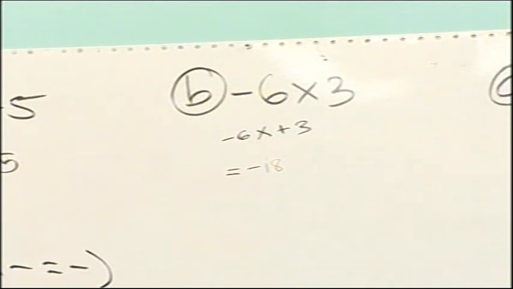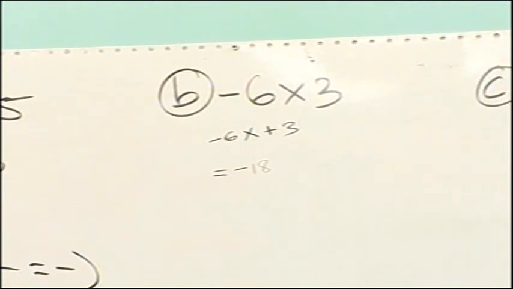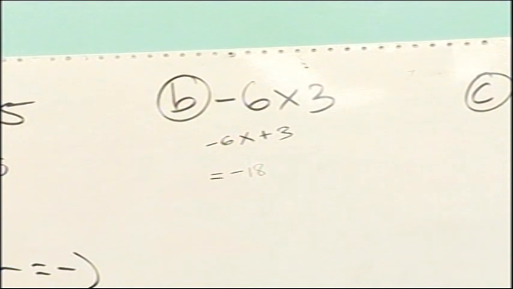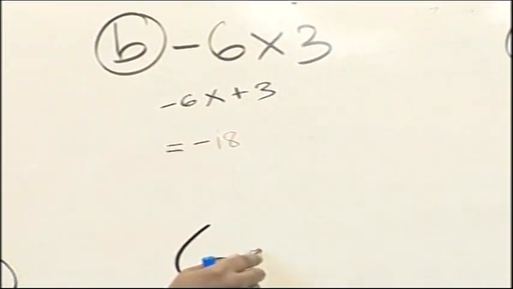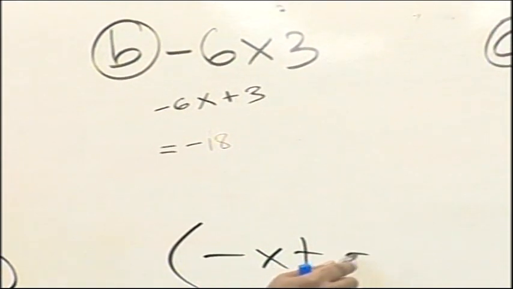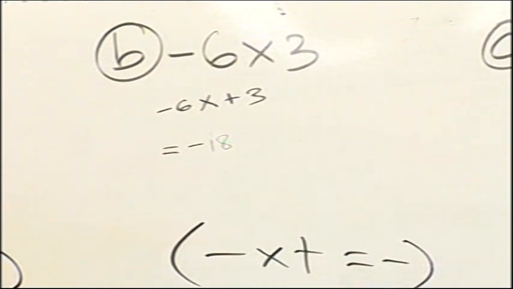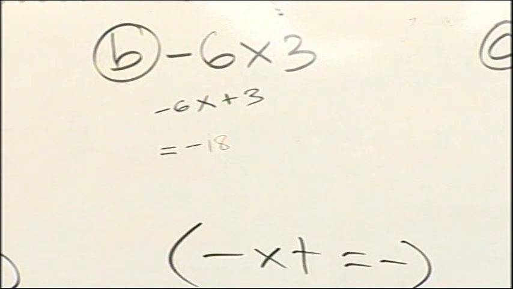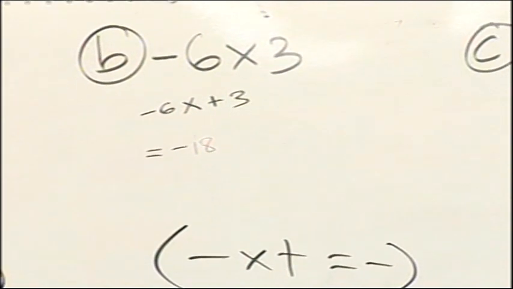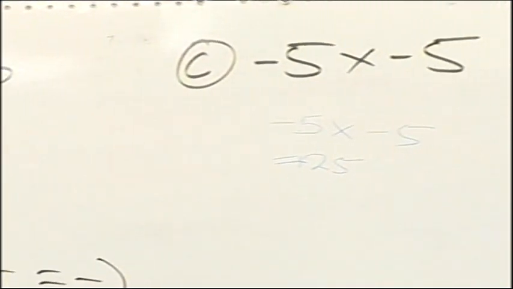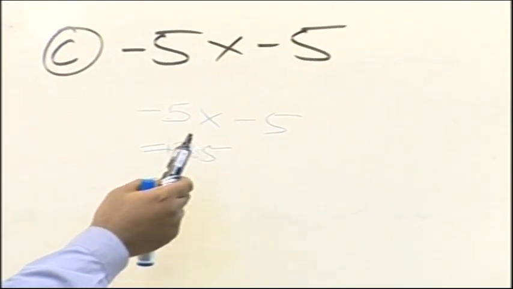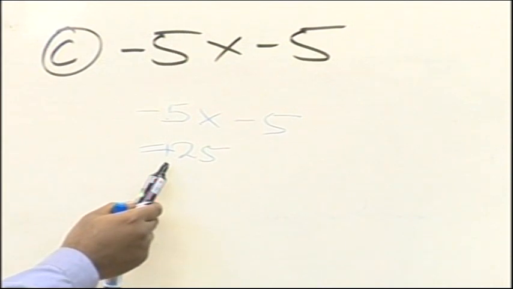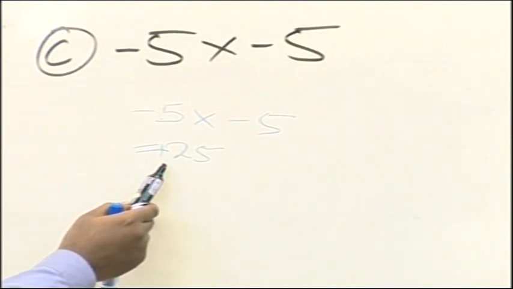And exercise B, Ruthie's group, are they correct? Yes. Negative 6 times positive 3 is equal to negative 18. So what rule is applied? Negative times positive is equal to negative. Good. And last one, Florence, her group. Negative 5 times negative 5, the answer will be positive 25.